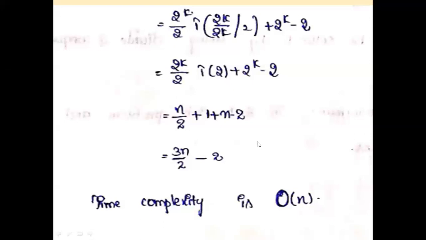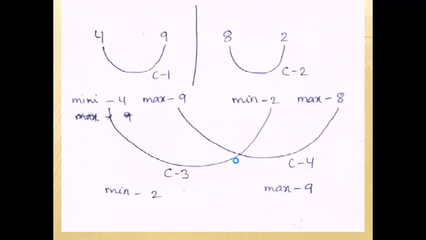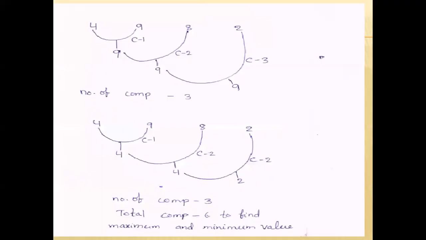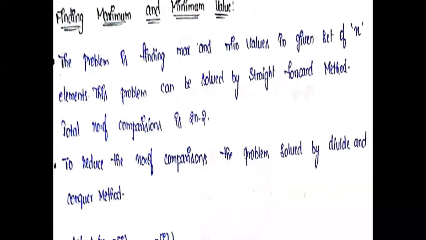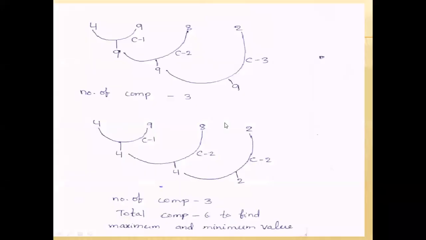In the straightforward method, the total number of comparisons is 2n minus 2. Suppose there are four elements: 2n minus 2 is 2 into 4 minus 2, which equals 6.